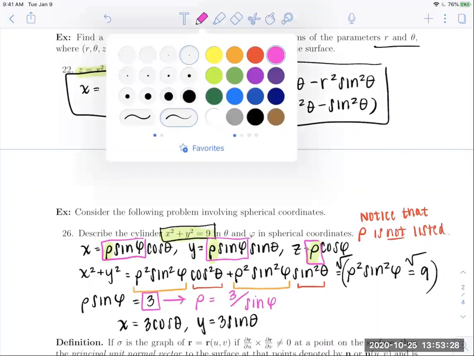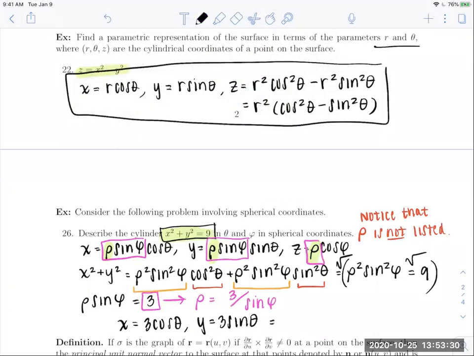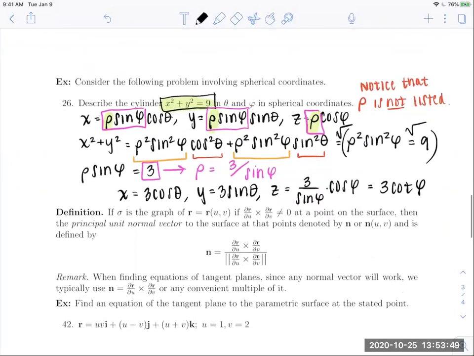And so then I can replace my z with 3 divided by sine phi times cosine phi. And of course, this reduces to 3 cotangent phi. And I have successfully expressed my cylinder in terms of spherical coordinates only involving theta and phi.